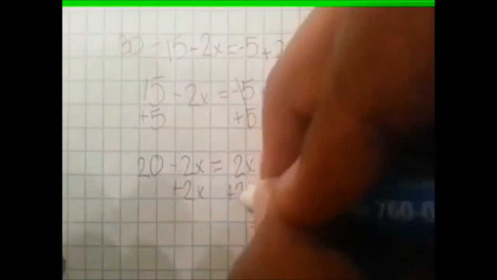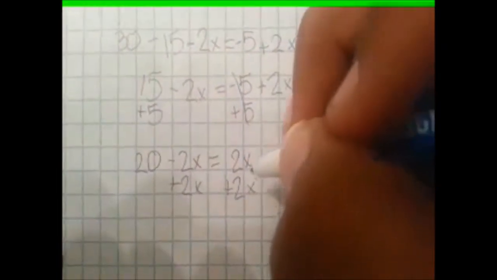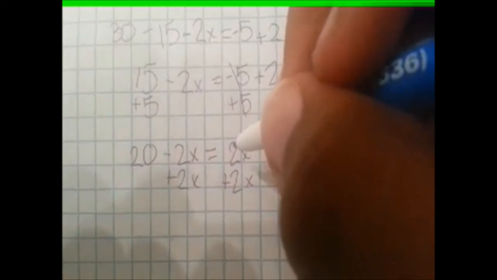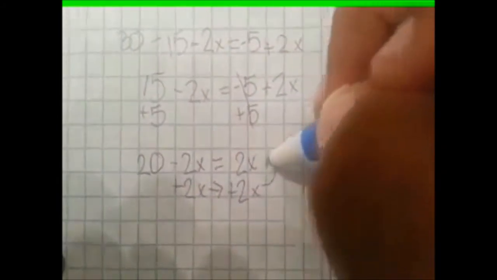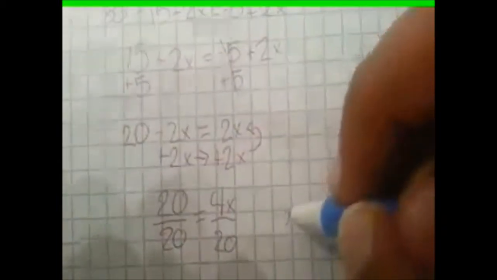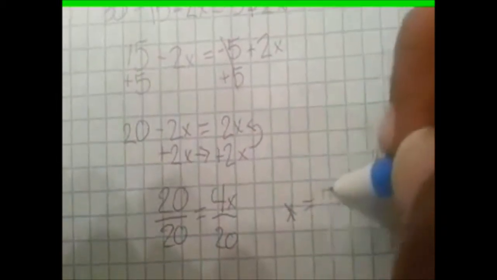When you add it from this side, okay, so then divide 20 equals 4x over 20, and then x equals 5.